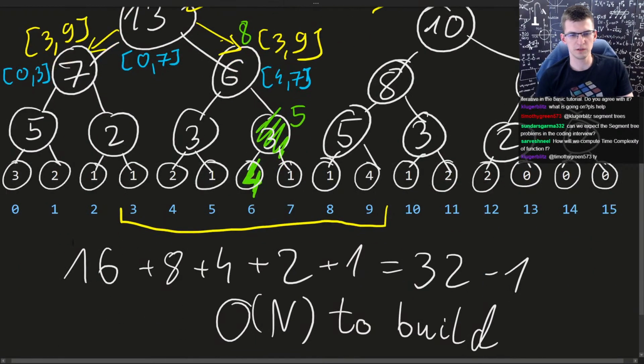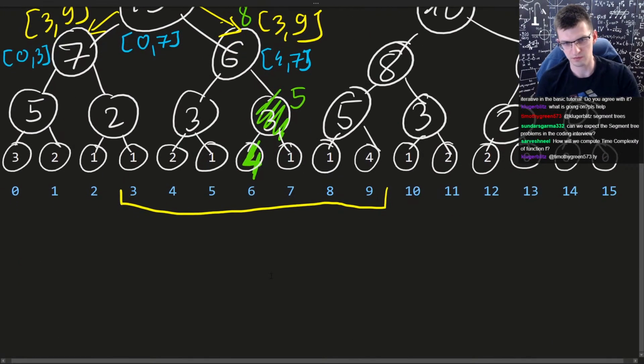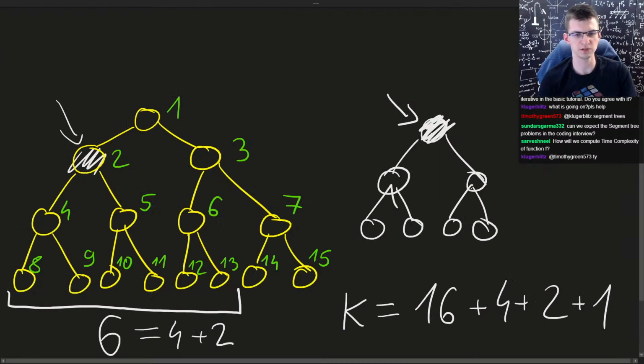It's not difficult to access the proper leaf. We know that this position, if that's 6 or just I given in the input, in the tree this node has position n plus I. We know that from this drawing.